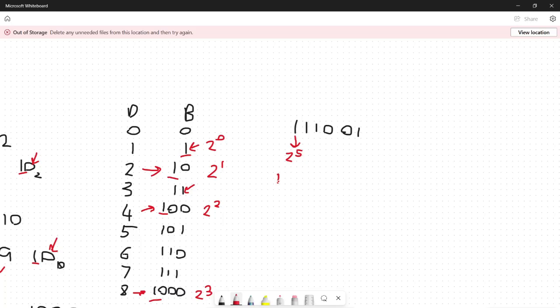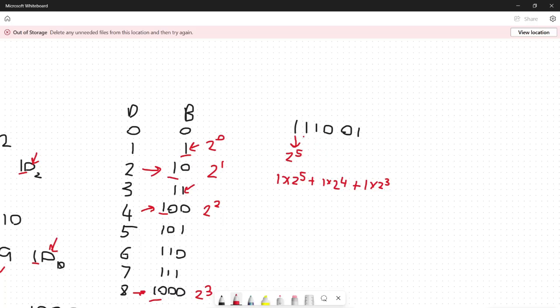So we're going to say 1 times 2 to the 5, plus 1 times 2 to the 4, plus 1 times 2 to the 3. We are basically adding these digits together.